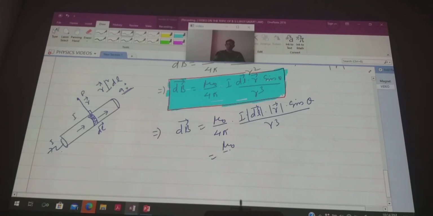So mu 0 by 4 pi, I dl cross r vector upon r cube. This is dB.